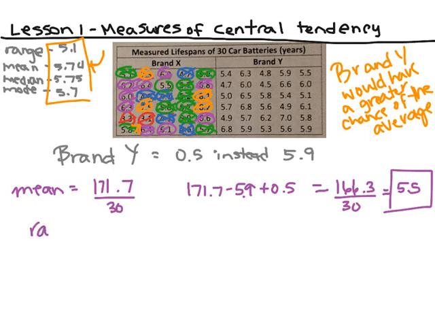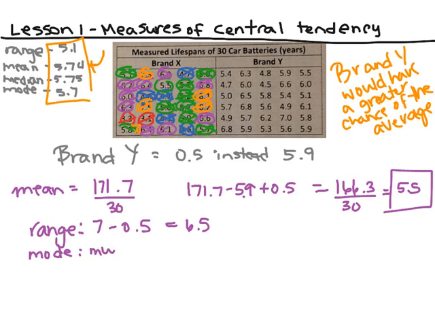Our greatest value was 7 years, and now our smallest value would be 0.5 years. So the range would be 6.5, which is huge. And the mode wouldn't be 5.9 anymore.